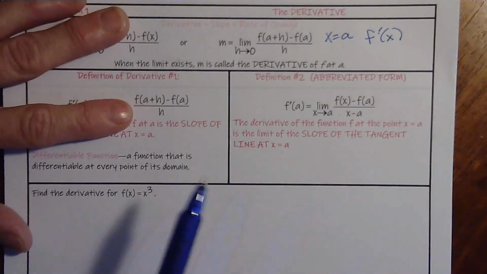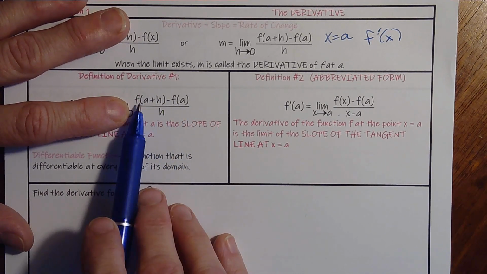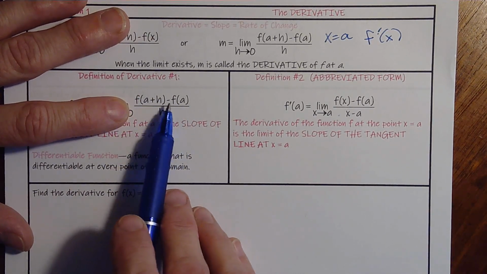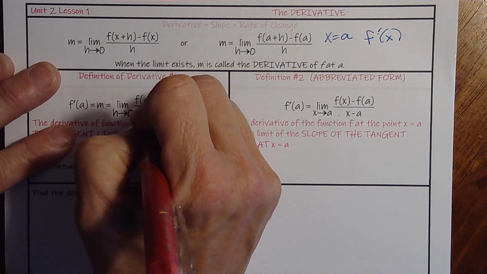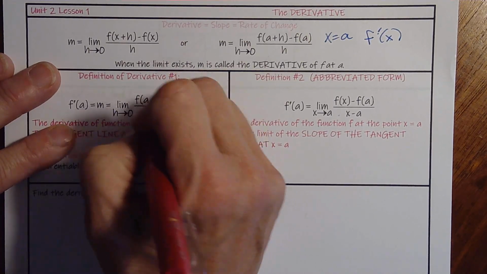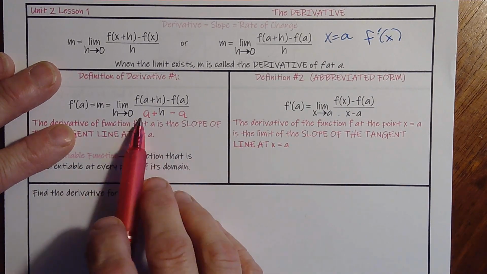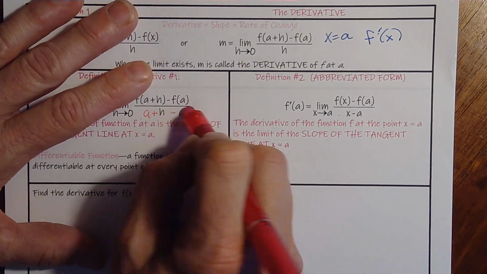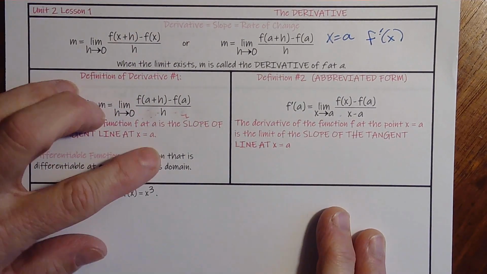If you go back and think about what this looked like, it was f of a plus h minus f of a, but technically what we did was we divided by a plus h minus a, and we noticed that the a's cancel. So I'm going to erase that. I just wanted to remind you of where the h came from.